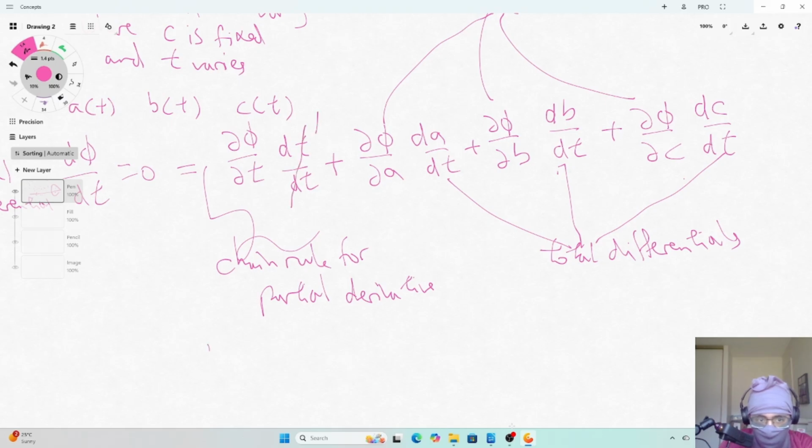This is 1. So the equation simplifies to, we know that d phi over dt is minus 2 pi f. We know that this can be written as a scalar product.